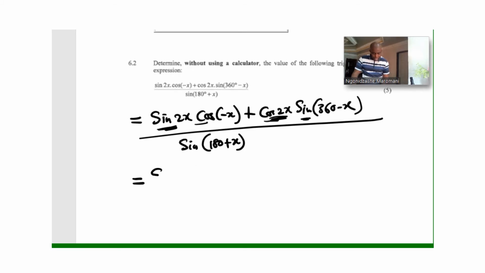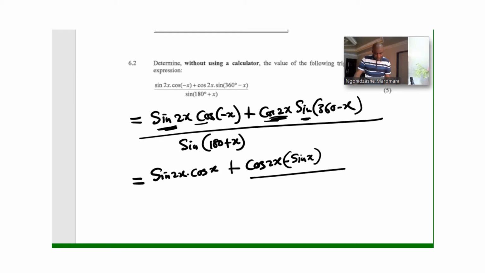Now it will be equals to, I'll keep the sine 2x for now, sine 2x multiplied by my cos of minus x. You will agree with me that cos of minus x is equals to cos of x, plus here cos 2x multiplied by sine of 360 minus x. 360 minus x is in quadrant number 4, and sine is negative there, which means it becomes minus sine of x.